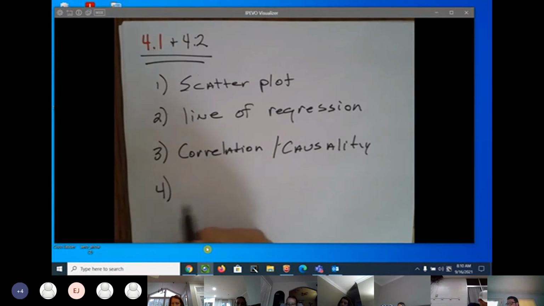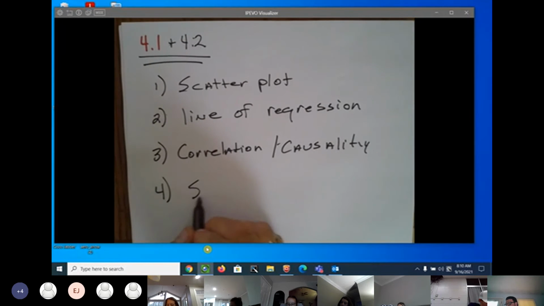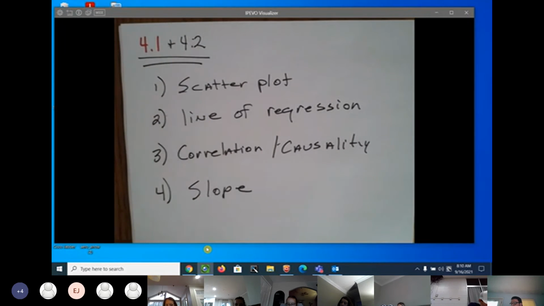And slope. That's the 4 things that are talked about in 4.1 and 4.2.